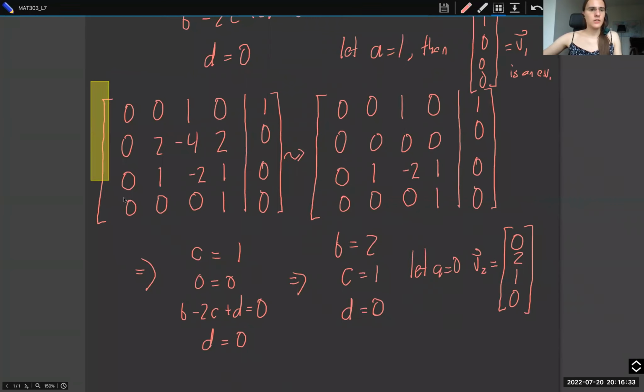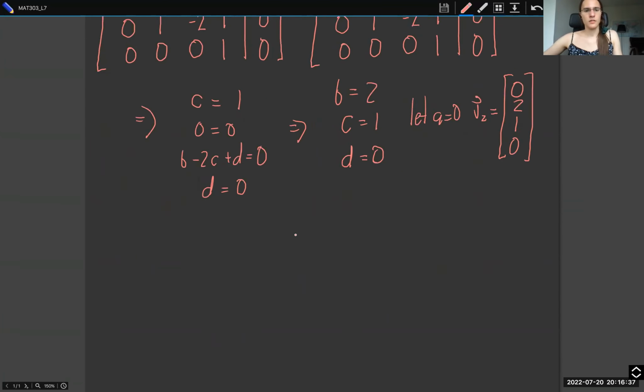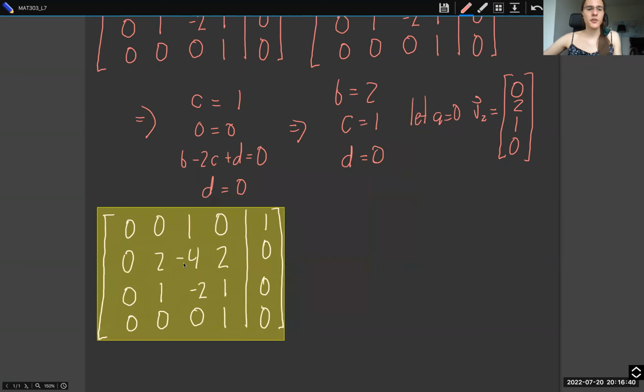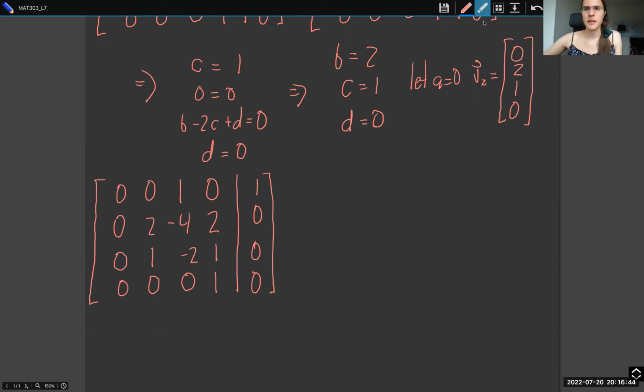Now, we expect a three-dimensional generalized eigenspace. So this is going to be our last time playing this game. Oh, look at this. We put the numbers 2 and 1 here, and these still remain multiples of one another.